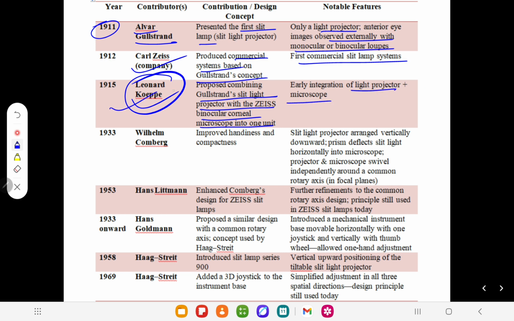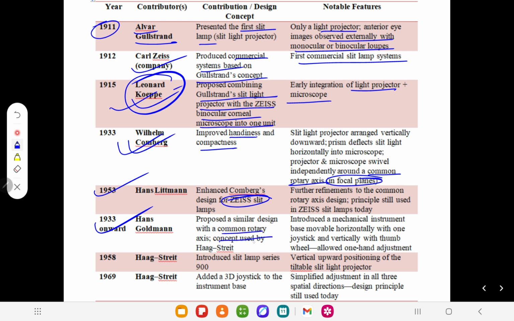Then Wilhelm, in 1933, improved the handling and compactness, and the unifocal common axis rotation was done by him. Then Hans Littmann enhanced the Zeiss slit lamp design, and Hans Goldmann proposed a similar design with a common rotatory axis.